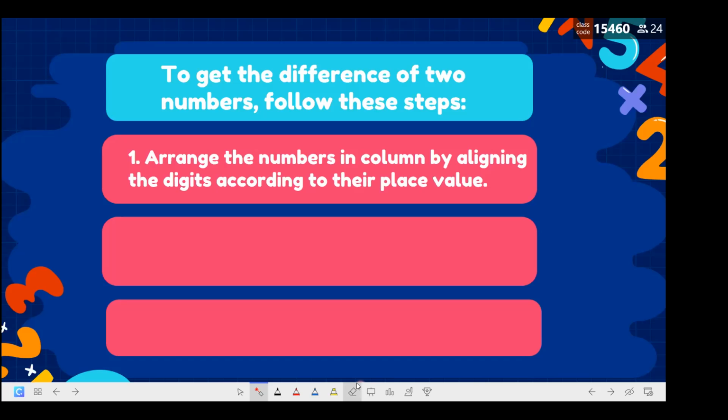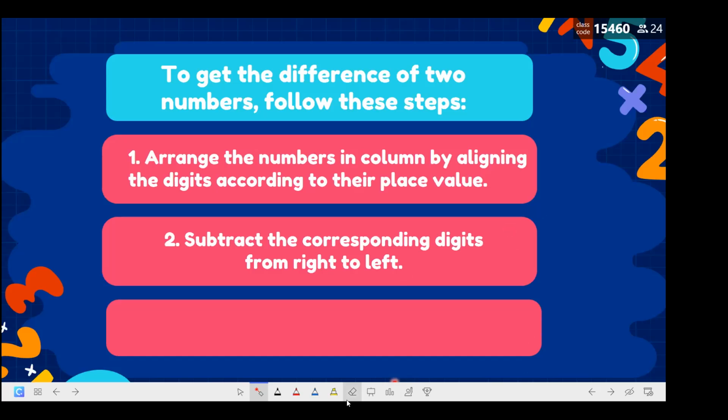In that way, you can subtract smoothly and correctly. Number 2, subtract the corresponding digits from right to left, so we start with the ones, tens, hundreds, and so on. Next, regroup when necessary.